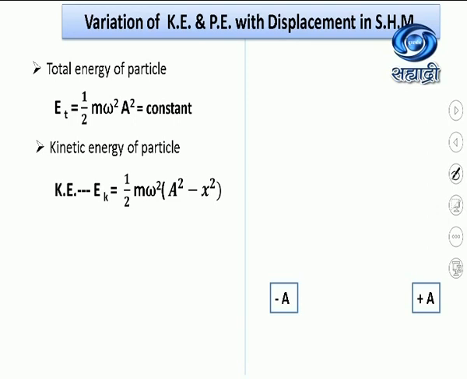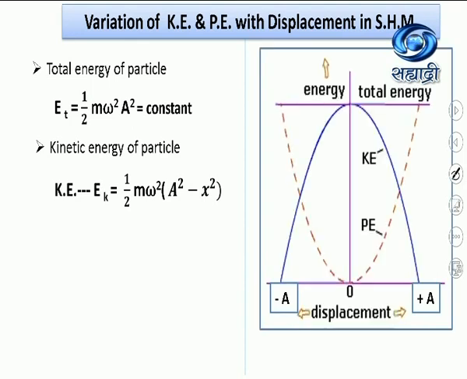As per the graph, minus a and plus a are the amplitudes at the left extreme and right extreme positions. So here is the graph indicating variation of kinetic energy with displacement. The energy axis is the y axis and the displacement axis is the x axis.